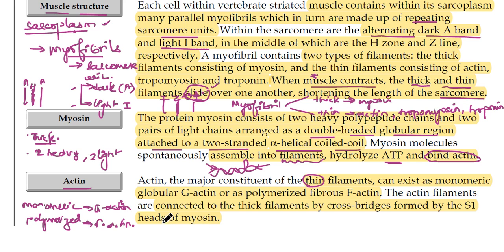And these actins are connected to the thick filament, that is myosin, by cross bridges formed by the S1 head of myosin. In the head region of myosin, there is a region where actin can bind. This S1 region binds with actin, forming a cross bridge.